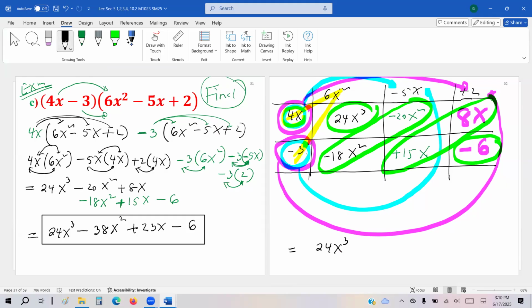And you have negative 18 and negative 20x squared, that gives you negative 38x squared. Then you have positive 15 and positive 8, that gives you 23x. And lastly, 6 is alone, so negative 6. Whatever method is easier, you can follow that method.